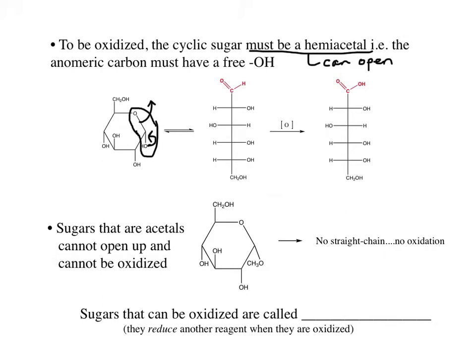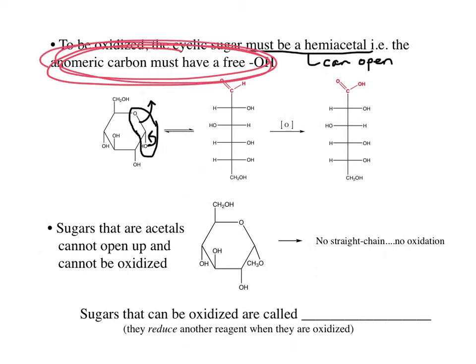If, for some reason, this OH, the hemiacetal OH, is blocked up, something is bonded to it, there's something there, this can't open up anymore. It has to be a free OH. So the key thing is this anomeric carbon must have a free OH. Highlight that like 5 times. You have to have a free OH.